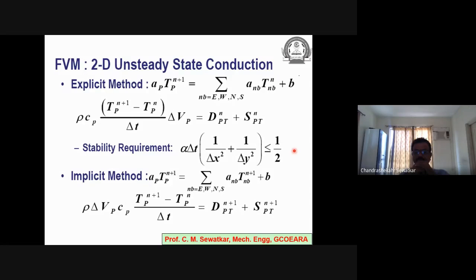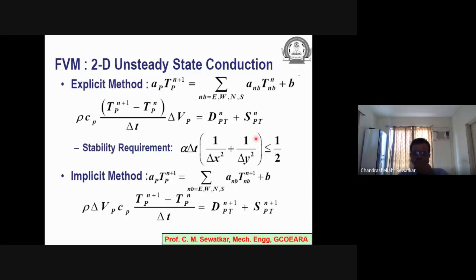It means if this is not followed, my solution will not converge. What are the implications of this? Here alpha is the thermal diffusivity, which is K by rho Cp.